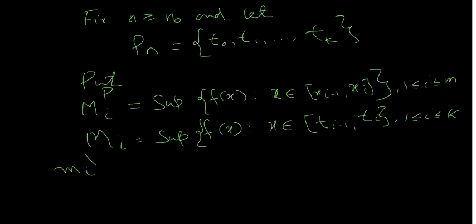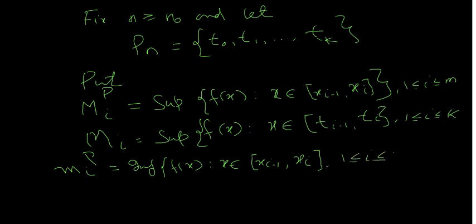For the partition P, it's the infimum of f(x), where x belongs to the ith subinterval [x_{i-1}, x_i], for 1 less or equal to i, less or equal to m.